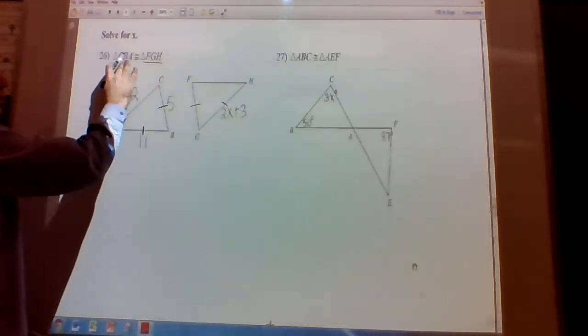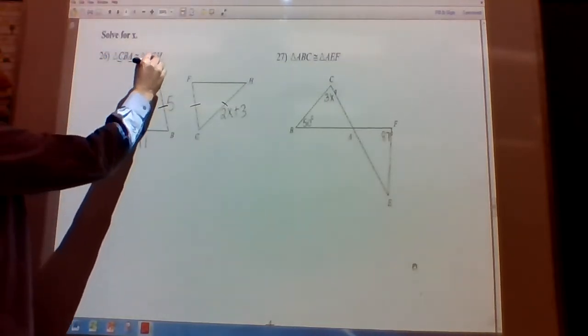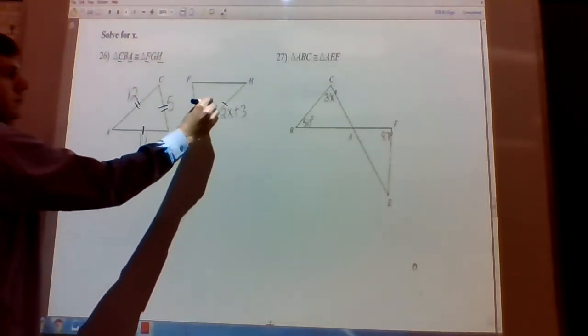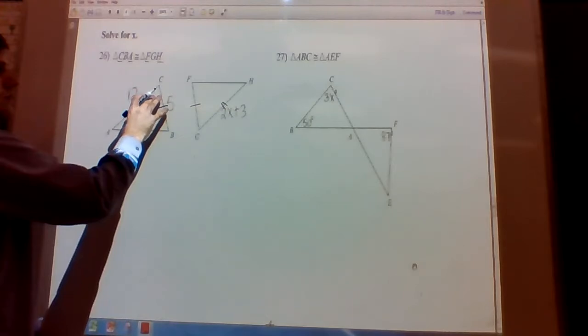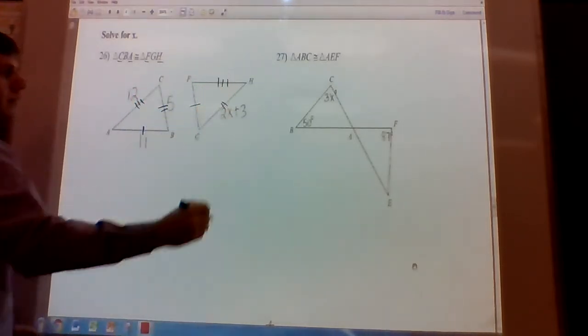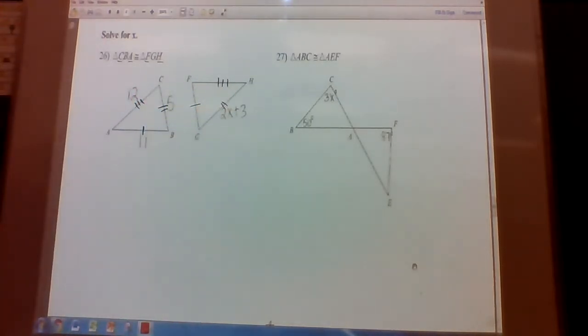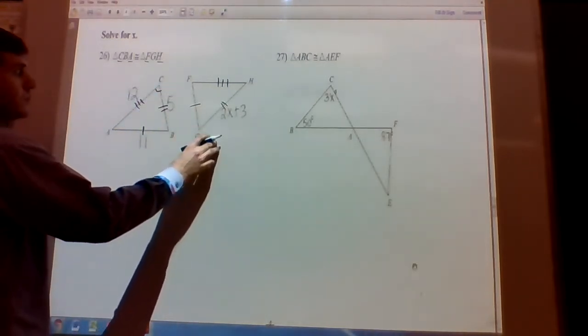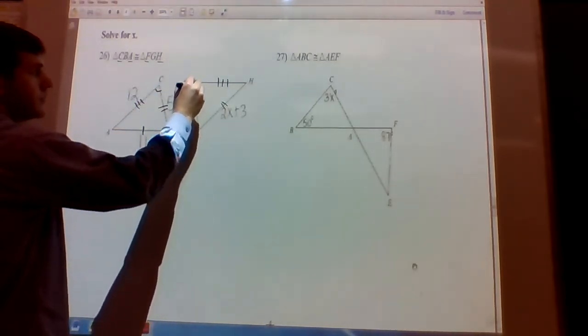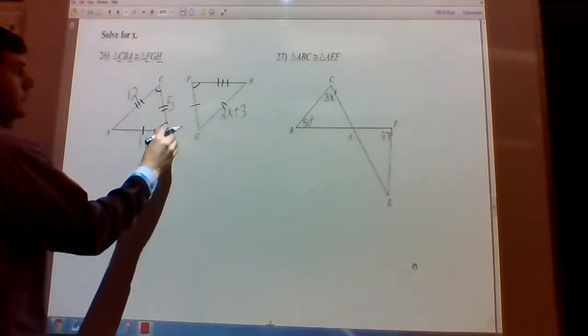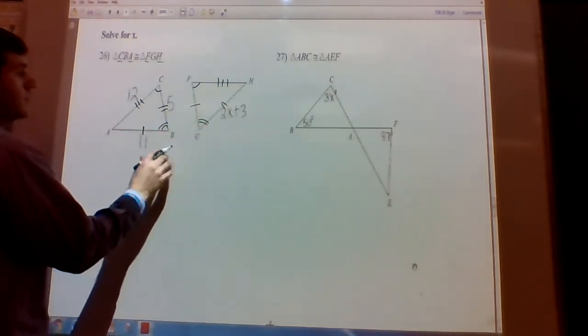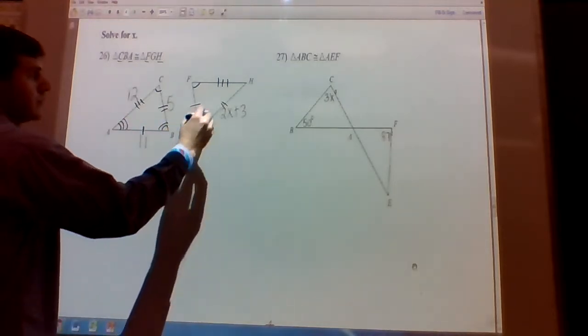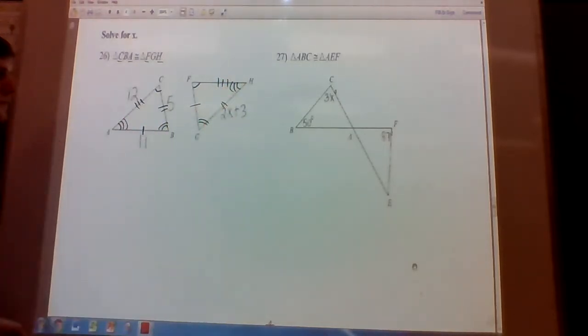And we know CA is going to be congruent to FH. We know angle C is congruent to angle F. We know angle B is congruent to angle G. We know angle A is congruent to angle H. We see what we have that matches up.